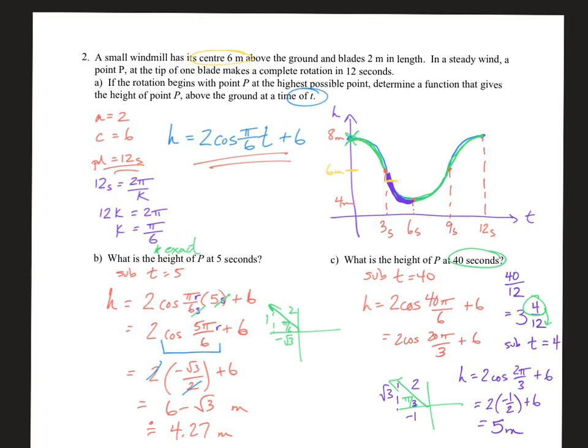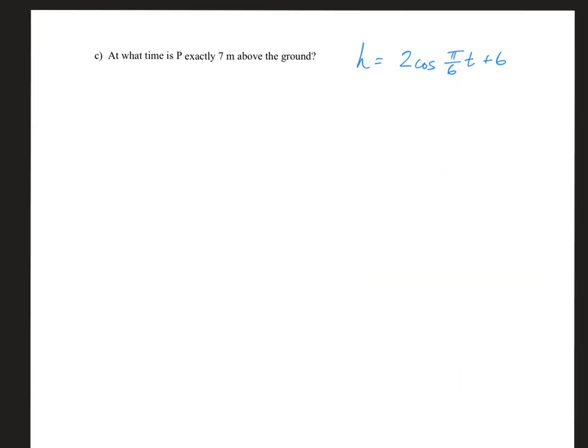Okay, let's pick up the pace on the next part of this problem. So part C says, at what time is P exactly 7 meters above the ground? We should be good then to sub an H value of 7 into our equation. That's going to get us 7 equals 2 cos pi by 6t plus 6, and we should be good to begin to solve.